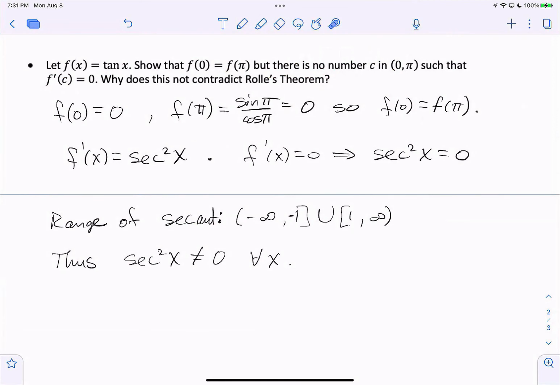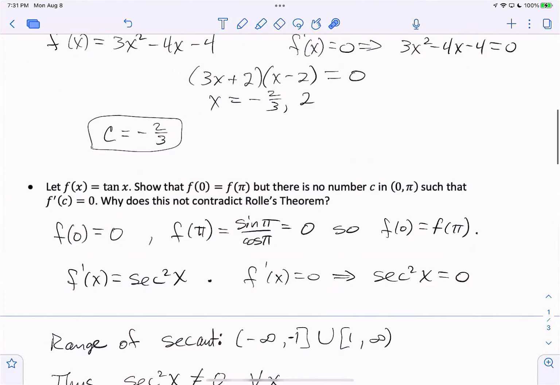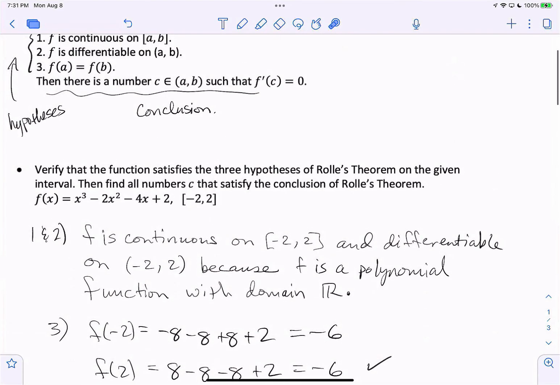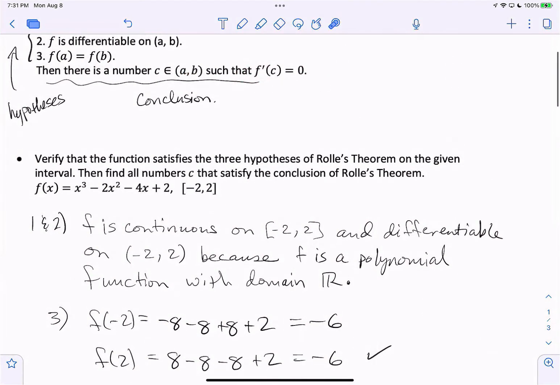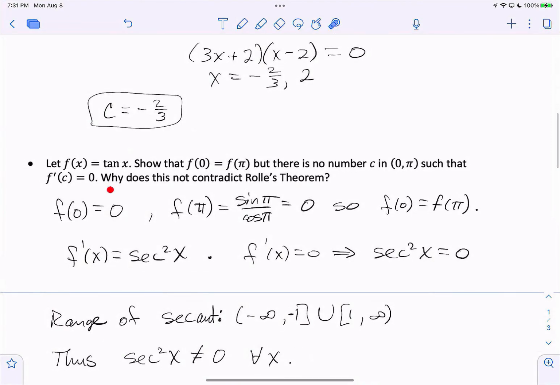So wait a minute. I've got that I have a tangent function, and I have f of 0 is equal to f of pi. Now that's the number 3 of Rolle's theorem's hypotheses. But what we found is there's no number between 0 and pi such that the derivative for our function is equal to 0. So the question is, why does this not contradict Rolle's theorem?